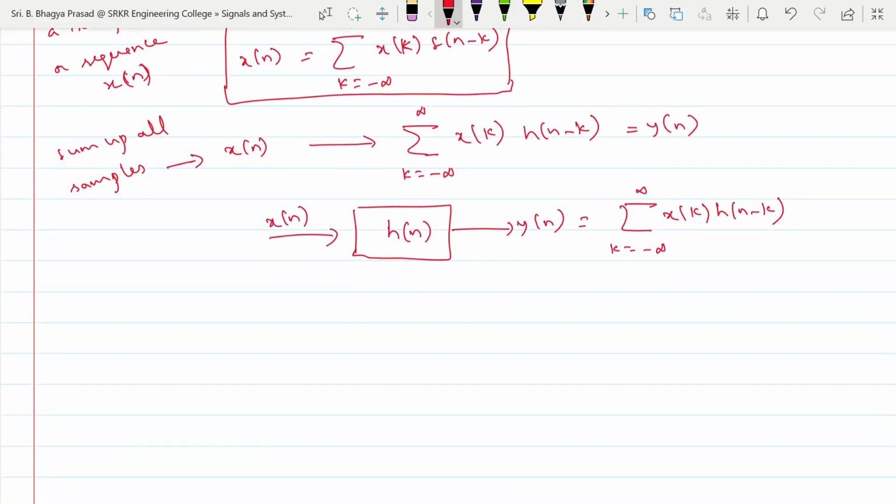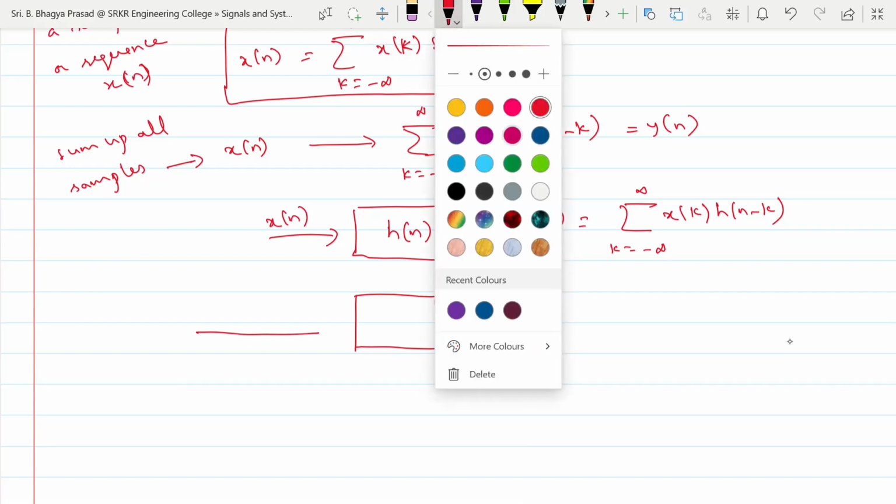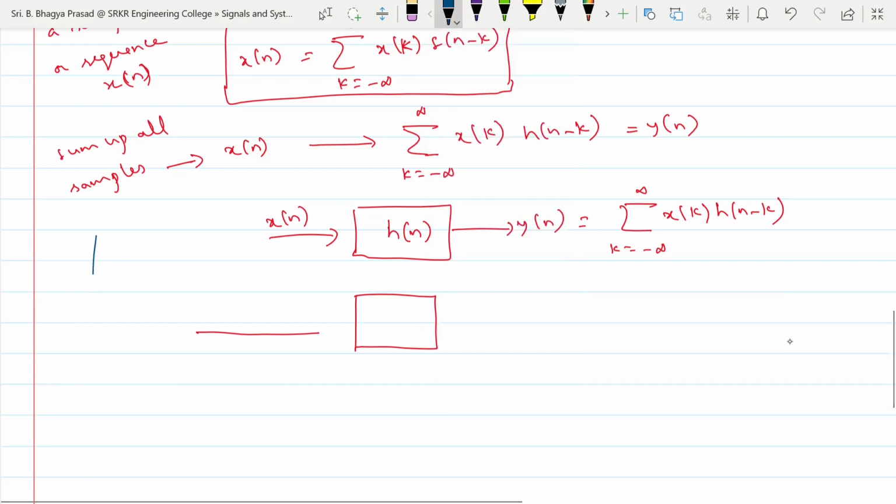Okay, and this indicates that for this system, let us consider this as the input sequence: A, B, C at positions 0, 1 and 2.